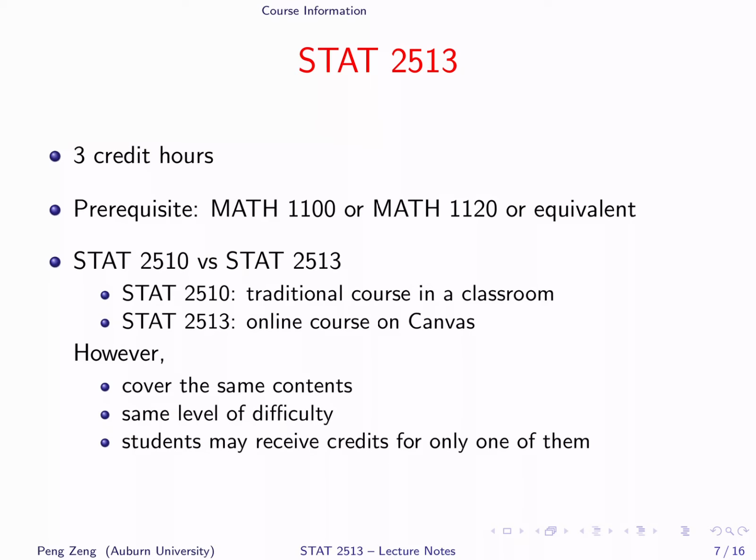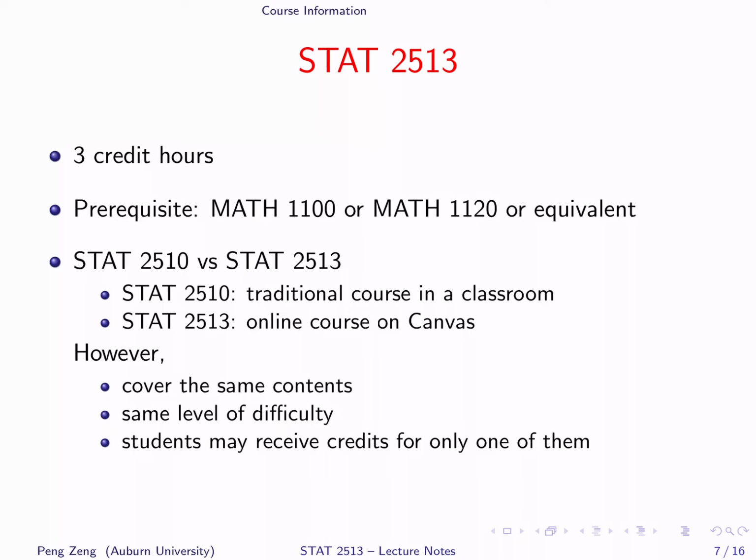This course, STAT 2513, has 3 credit hours. The prerequisite includes Math 1100 or maybe Math 1120. Basically, you should have already taken some classes on calculus. A closely related course is STAT 2510. STAT 2510 is a traditional course taught in a regular classroom.